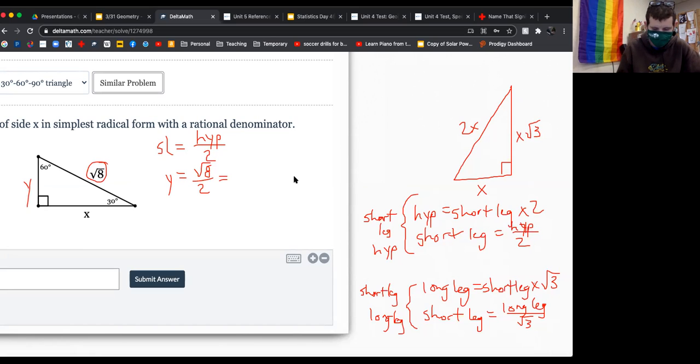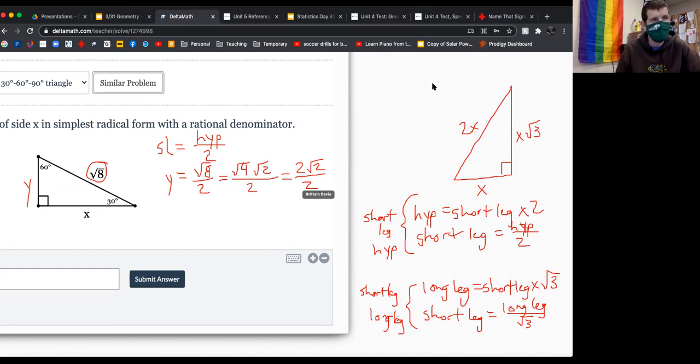There you go. So I can divide this into the square root of 4 times the square root of 2. Now you can see why I've been giving you all this practice with radicals, because you should have been mastering this along the way. From here, I'm just going to keep moving forward. Square root of 4 is 2, times square root of 2, over 2.